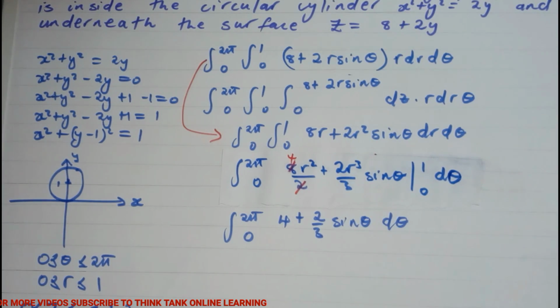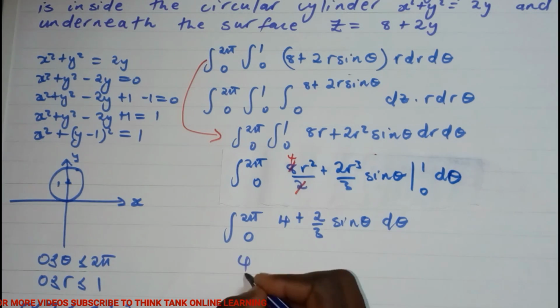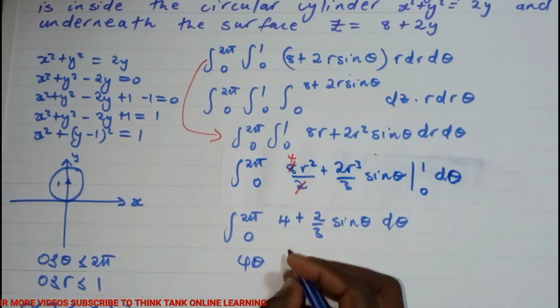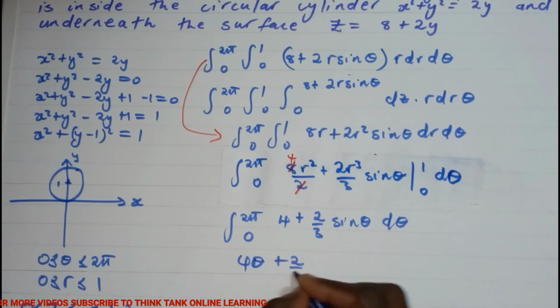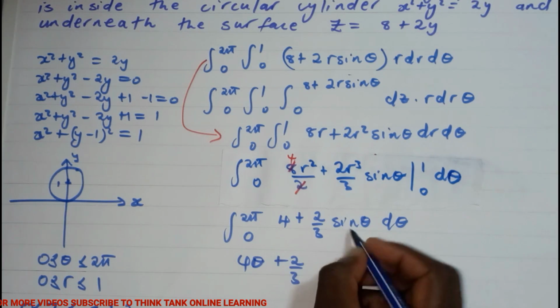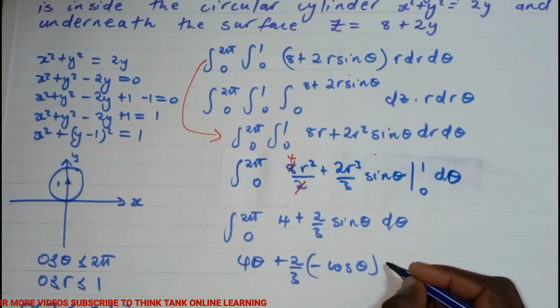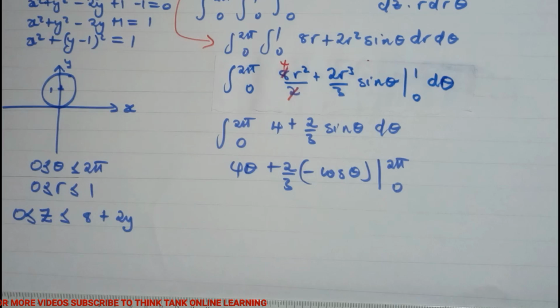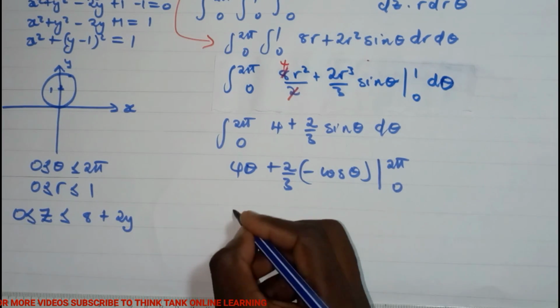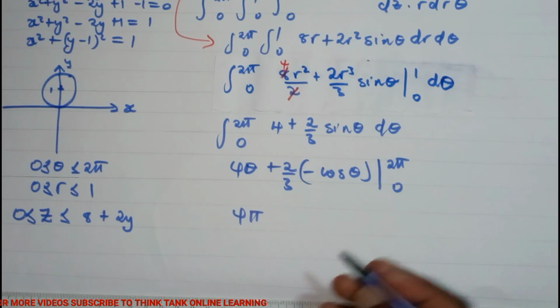Now we integrate with respect to theta. We have 4 theta plus 2 over 3 times the integral of sine theta, which is negative cos theta, with limits 0 to 2 pi.